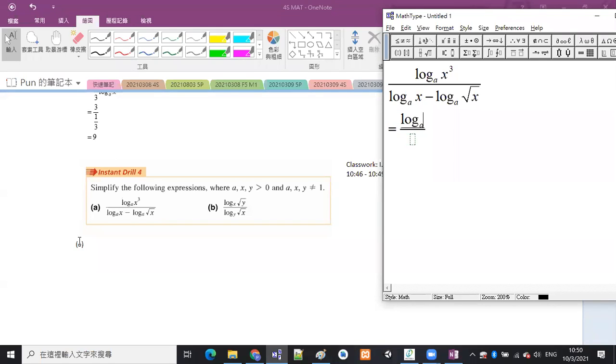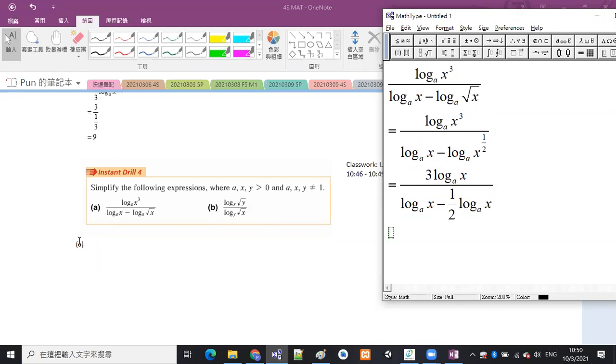So log x cube base a divided by log x base a minus log x to the power 1/2 base a. And then the power inside the log can be brought to the front of the log, okay? Including this 3 and this 1/2.